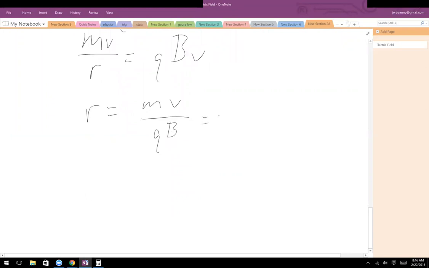It's an alpha particle, so the mass of a neutron and proton are basically the same, so we're going to have 4 times the mass of a proton. The q of the particle, 2 of them are protons, so that's all the charge. So you're going to have 1.6 times 10 to the minus 19.